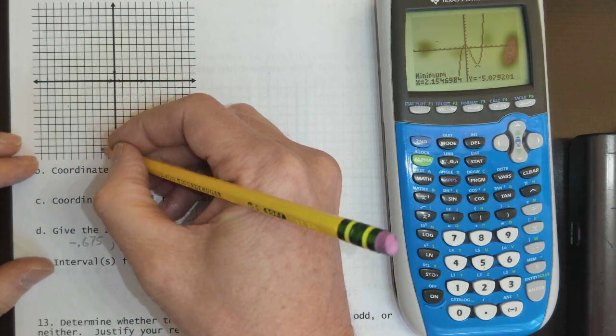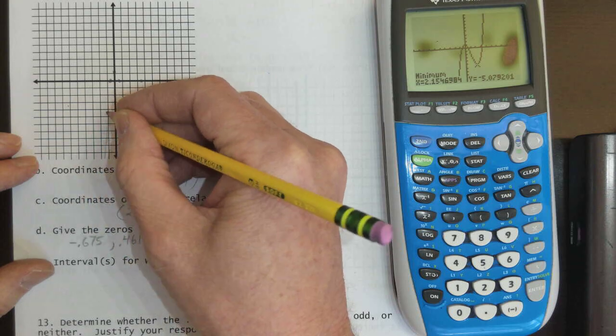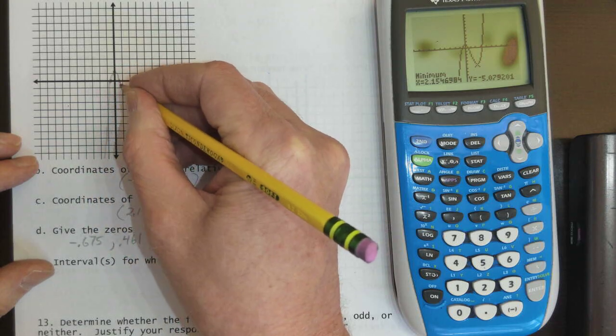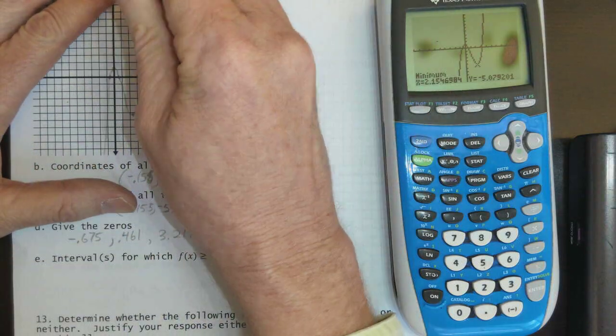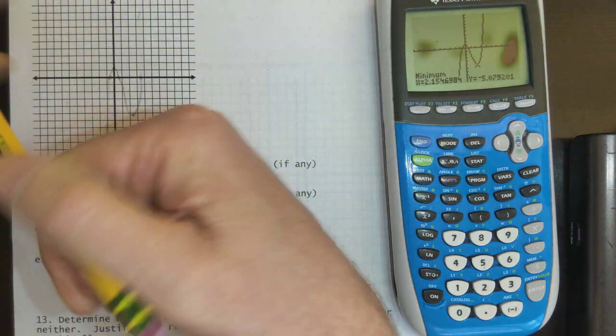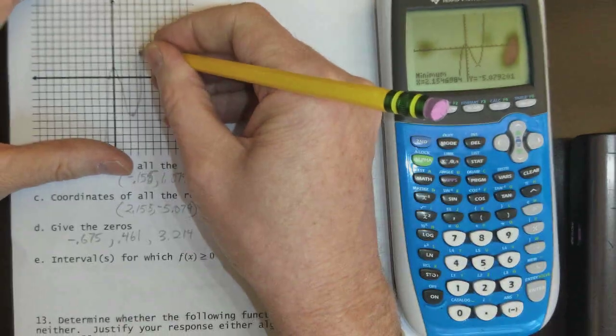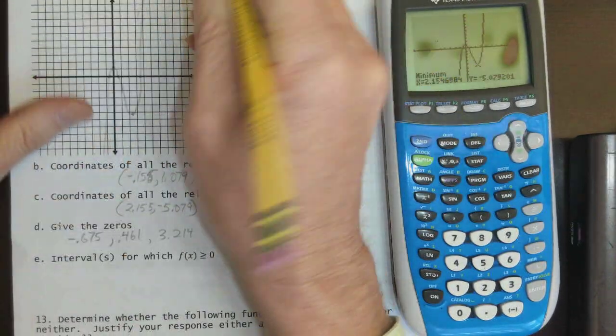So it comes up, curves, comes down, curves, comes up. But it's increasing and going to the right also.